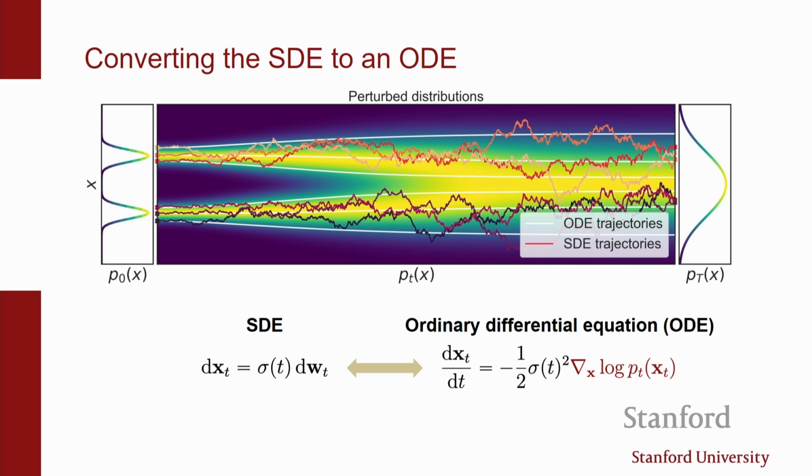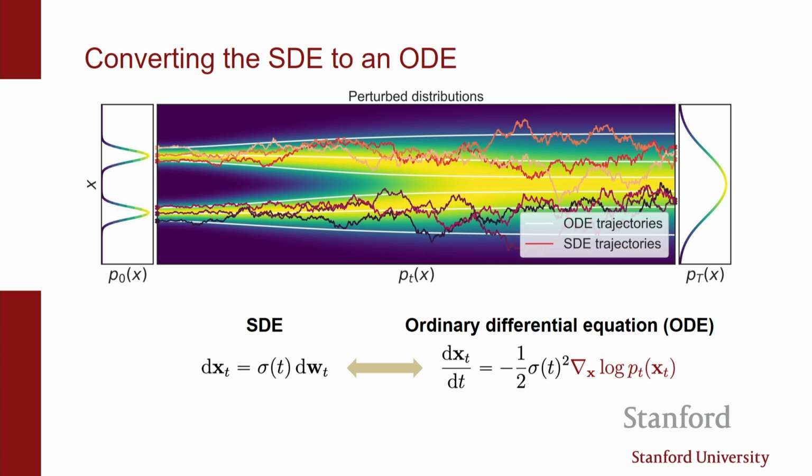And at that point, you can think of the ordinary differential equation as basically defining a normalizing flow, because the mapping from the initial condition to the final condition of the ordinary differential equation is invertible. So you can go from left to right or right to left along these white trajectories, and that's an invertible mapping.